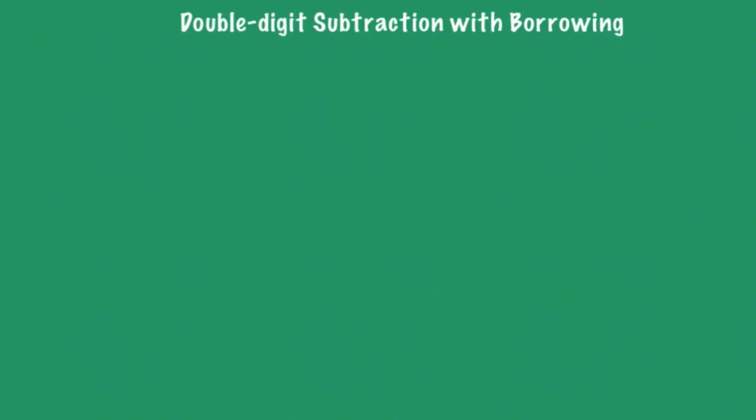Okay, so our next question that we can practice with is 73 minus 26. So again, remember, this is the unit section and this is the tens section. Now I'm going to give you 12 seconds.